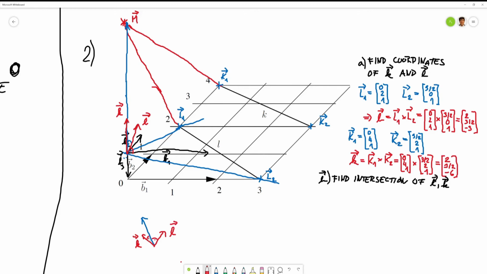The way to compute it is to do just the cross product. We will write it as a vector because everything is up to scale here, and the cross product of L and K now gives us the coordinates of the ideal point which we are looking for.